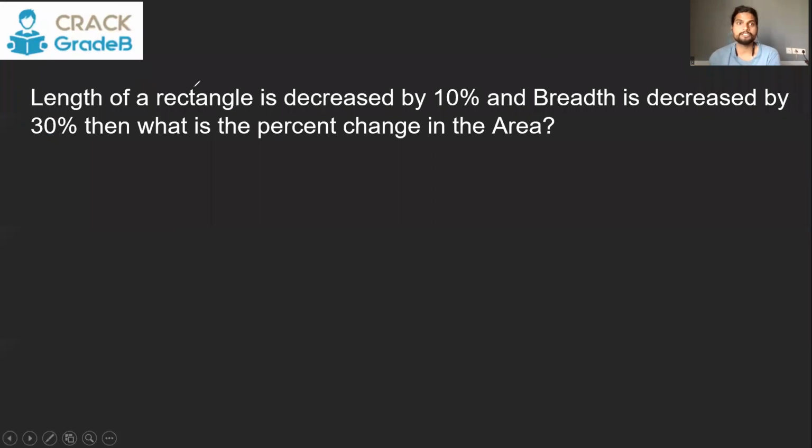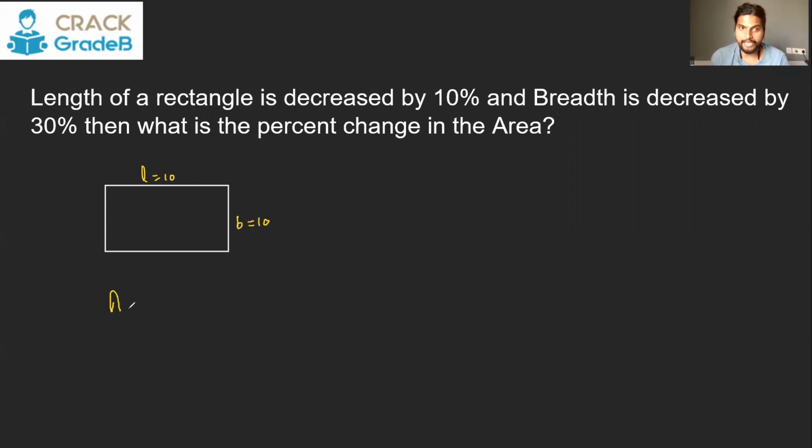For example, this is the question. Length of a rectangle is decreased by 10% and breadth is increased by 30%. What is the percent change in area? So yes, you can solve this question by taking normal figures. You can just say that if length initially was 10 and breadth also was 10, the initial area was 10 into 10, that is 100.